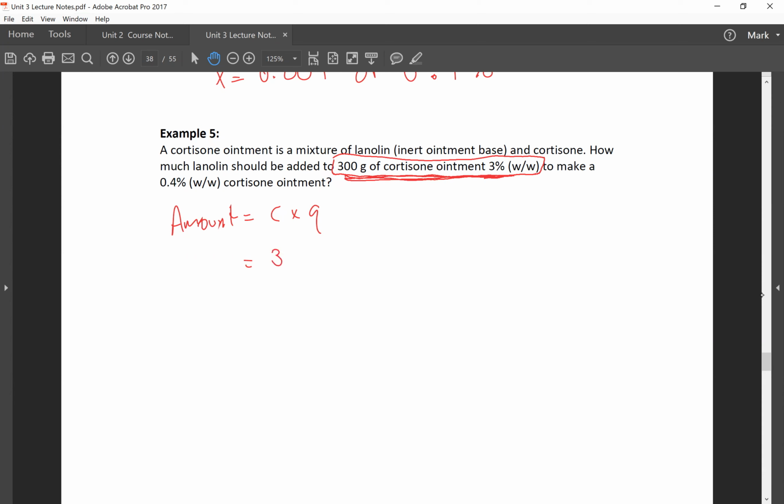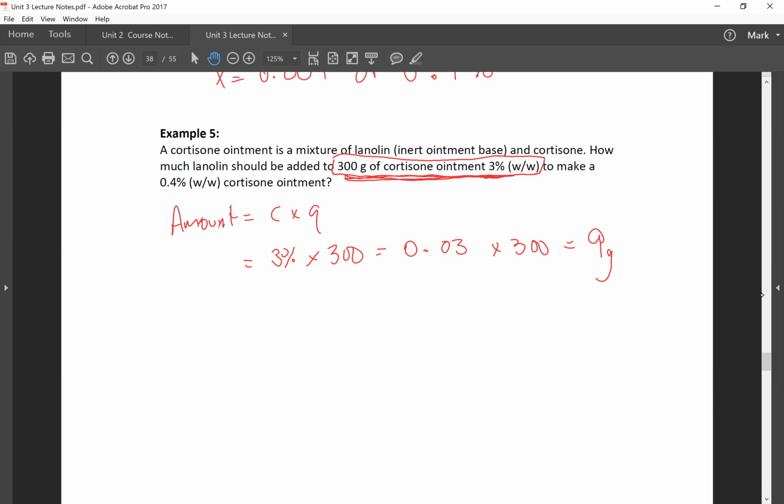So 3% times 300, or again, we don't use percents in our calculations, so this would be 0.03 times 300. Decimal 0.03 times 300, and I figure out that there is 9 grams of cortisone involved in this equation.